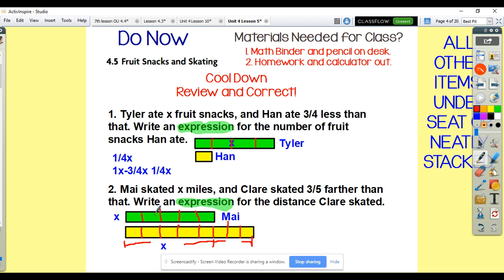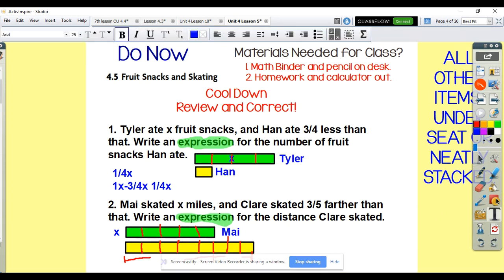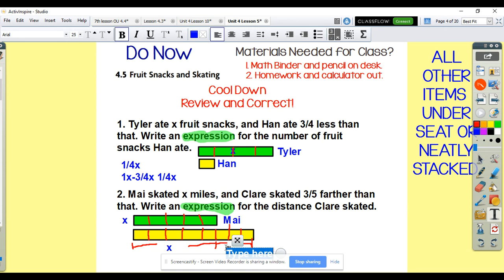Because this was X and that's 3/5 of it. And we took those 3 more and attached them here. So that is like saying 3/5 X. So when you put those two things together, that means that Claire's is basically X plus 3/5 X.